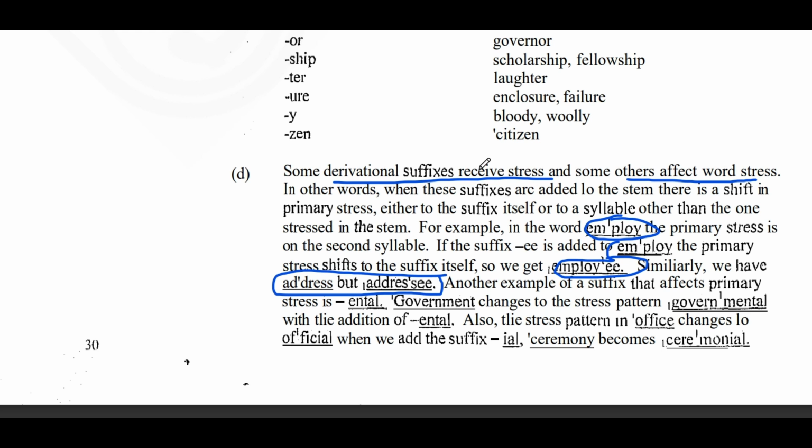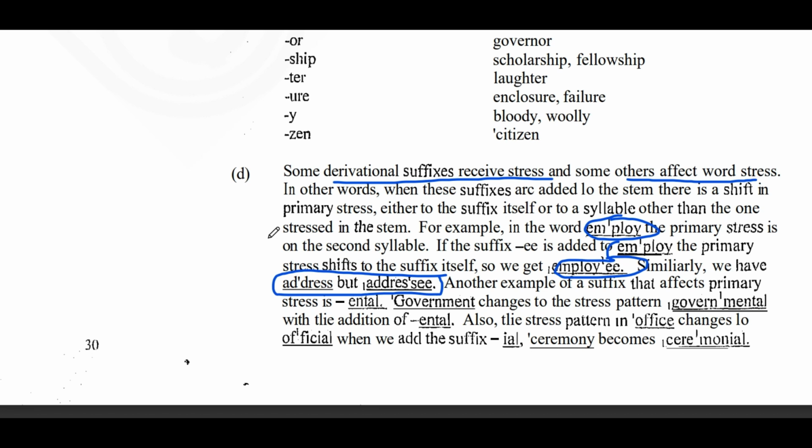And then finally, we have derivational suffixes that receive stress, and it could affect word stress. Sometimes that is also possible. For example, I say the word employ, but when I change it to another word, employee, by adding that double E, suddenly my stress is changed.